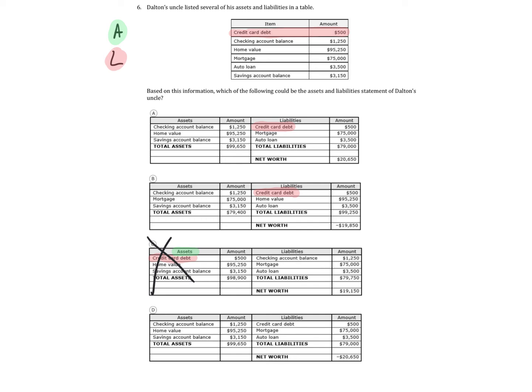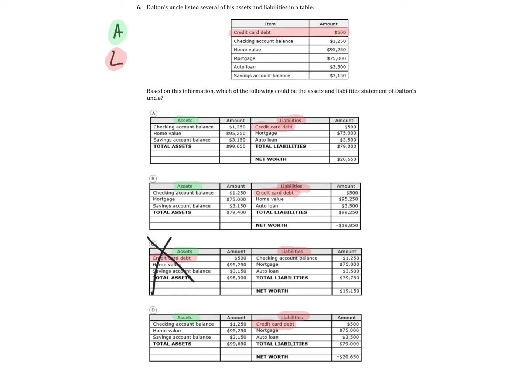Let's keep going and look at D. We have credit card debt right here. So remember, our liabilities are red, and our assets should be green. So let's keep going on to the next thing. It says checking account balance. So that is money in your bank account.